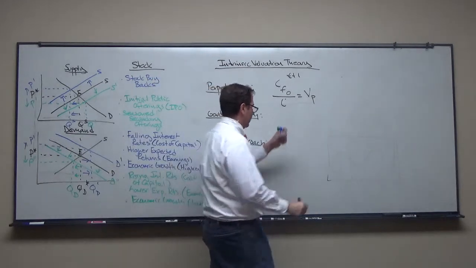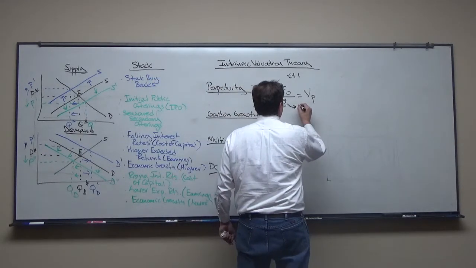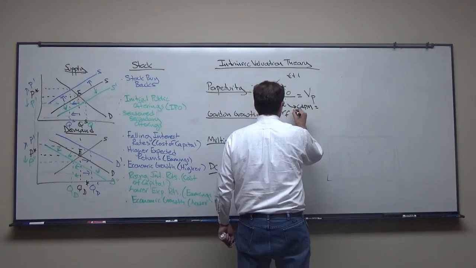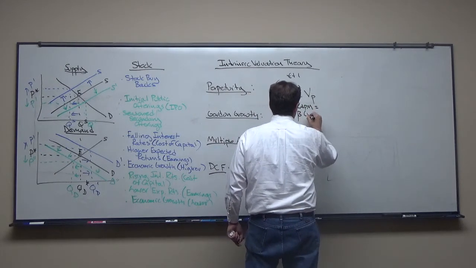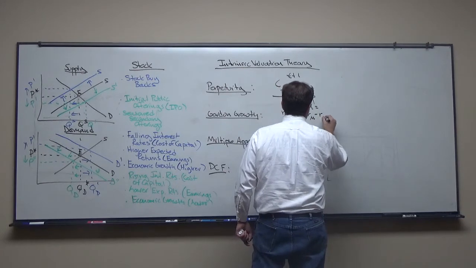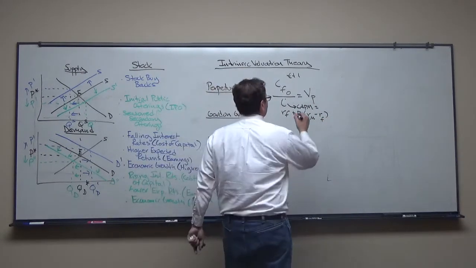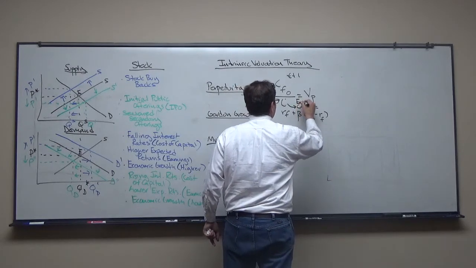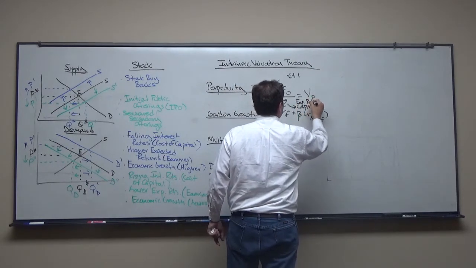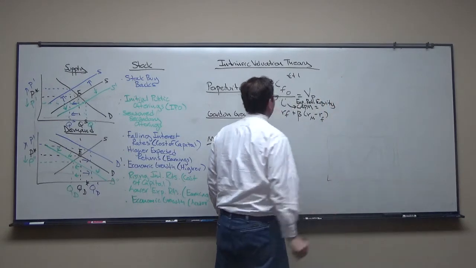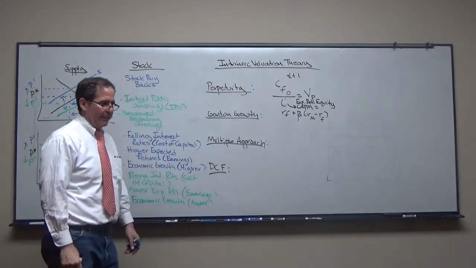And this could also be the capital asset pricing model, equals risk-free rate plus the beta times the return on the market minus the risk-free rate. This is your expected return on the equity. So that's one way of looking at it.